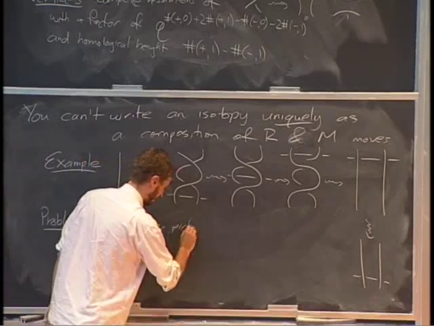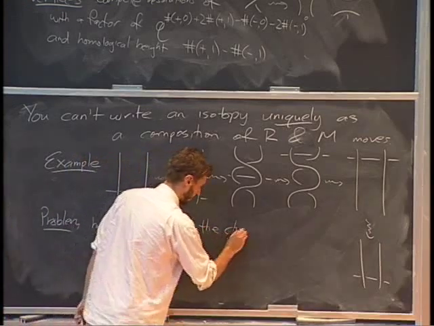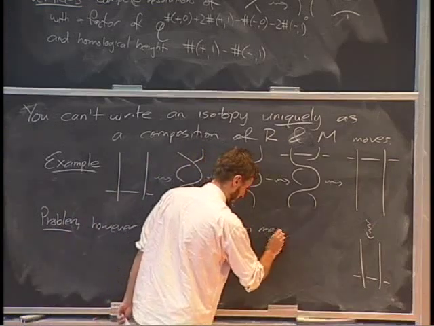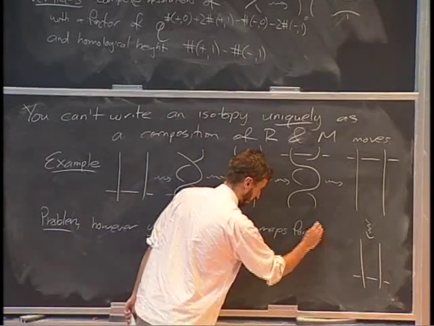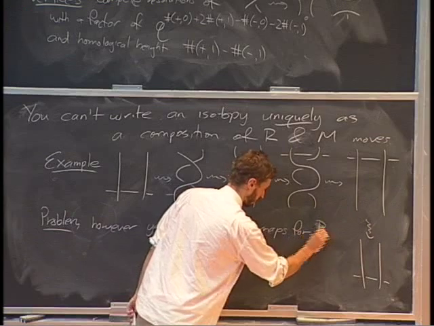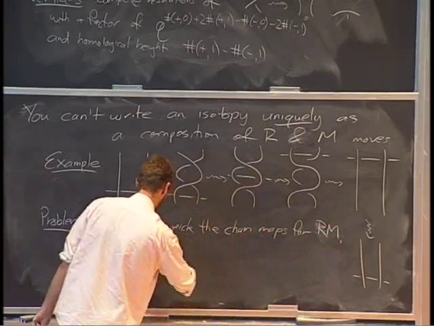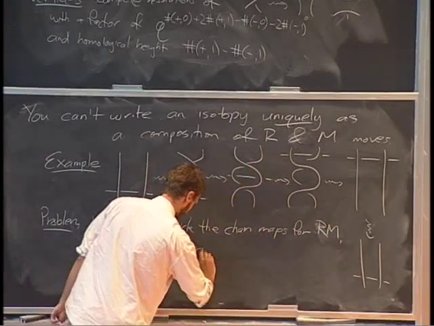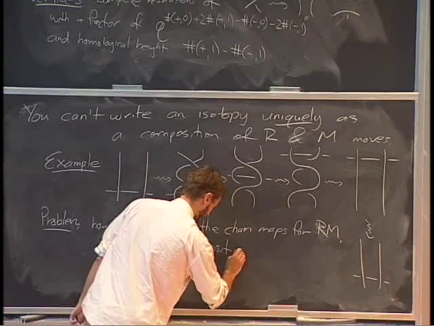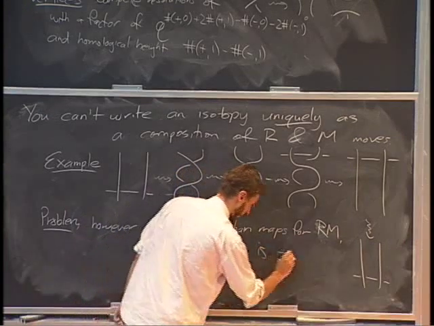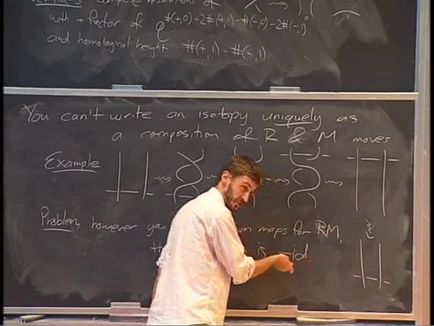you pick the chain maps for Reidemeister moves, this composition is minus the identity. That is, the chain map minus the identity.